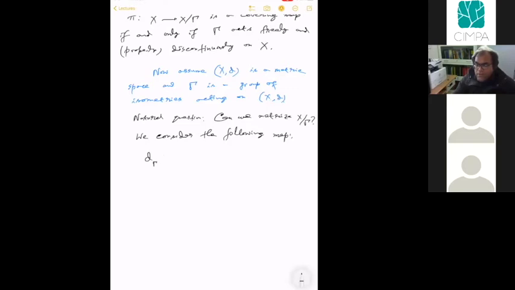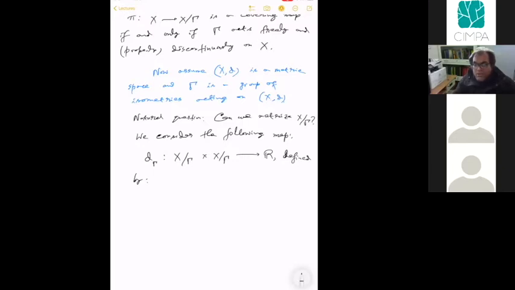We have a natural map from X mod gamma cross X mod gamma to the real line, defined by the original metric.